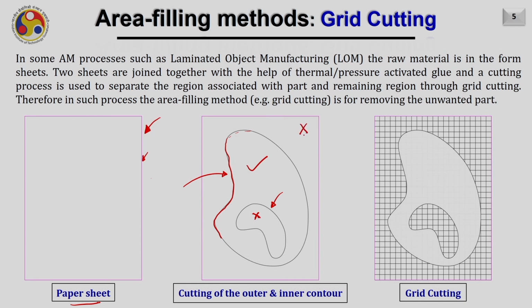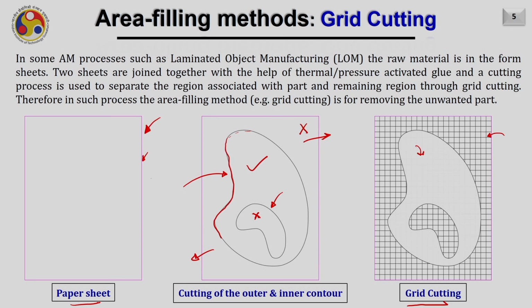Now the question is how to remove this portion also after completion of the part. For that, grid cutting is performed. So basically, area filling in the case of laminated object manufacturing is quite different. We do not fill the area inside the slice. Instead, we fill the area which is not the part or which is not associated with the part.